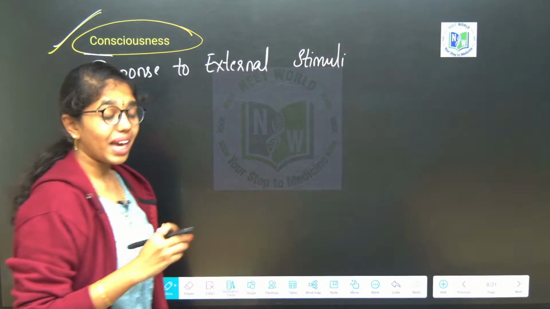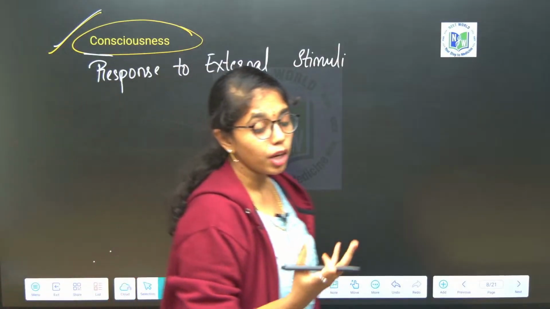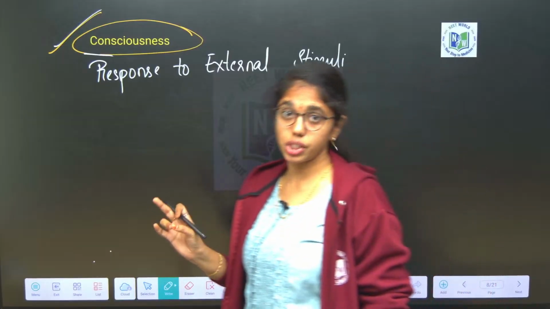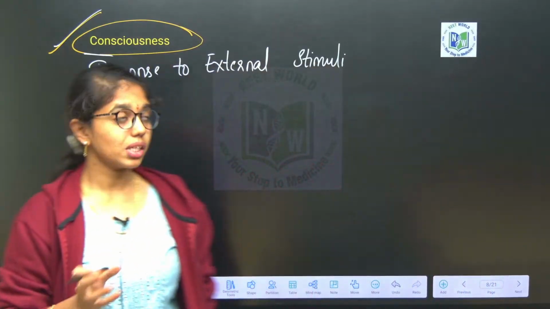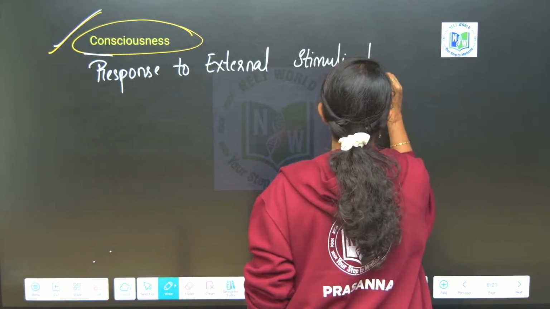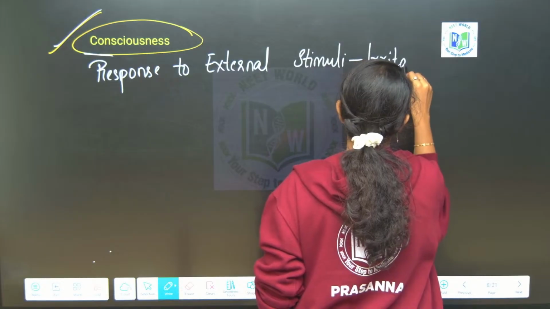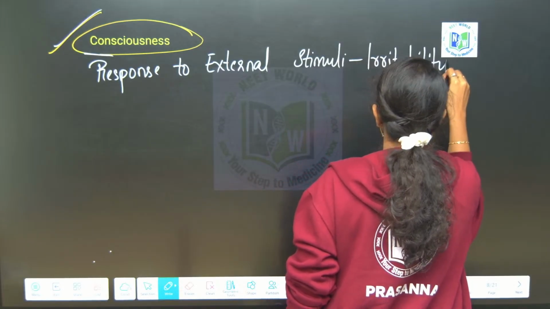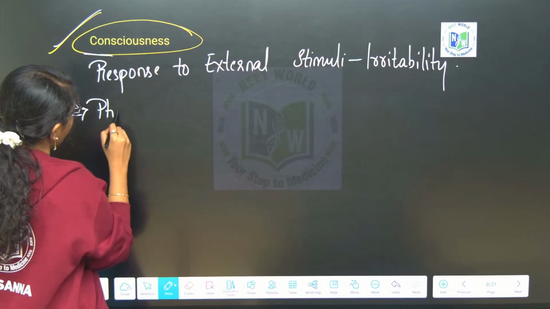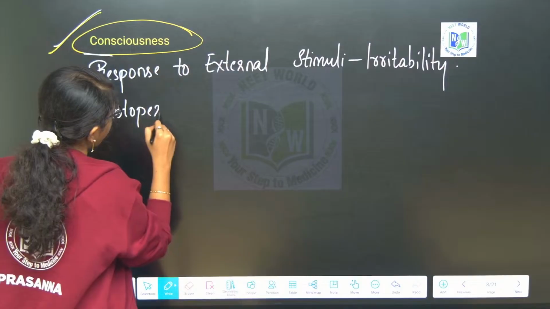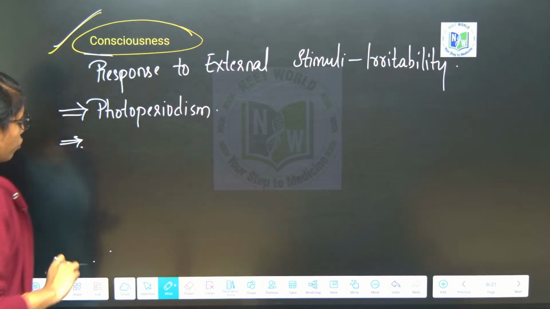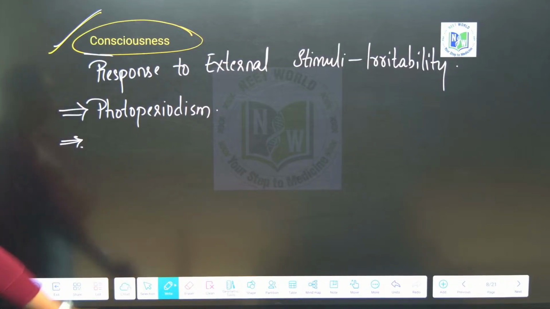Based on the response to external stimuli, photoperiodism is defined and seasonal breeding of the animals is decided. So, that is what? Consciousness. We can also correlate this with what? Irritability. Response to external stimuli is also called irritability. So photoperiodism in plants and what?